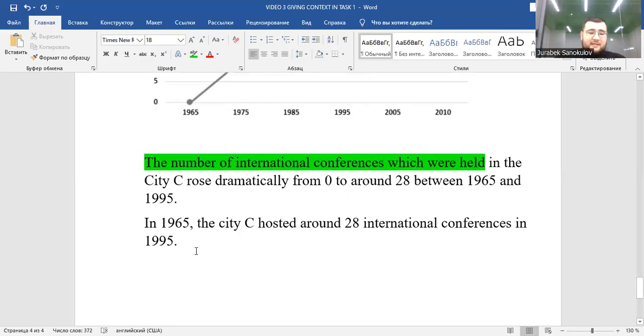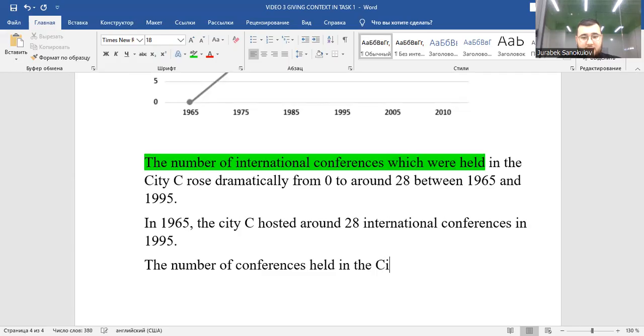So instead of saying the number of conferences, we can basically omit the words held in, because it's passive: the number of conferences held in the city C was around 28 in 1995.